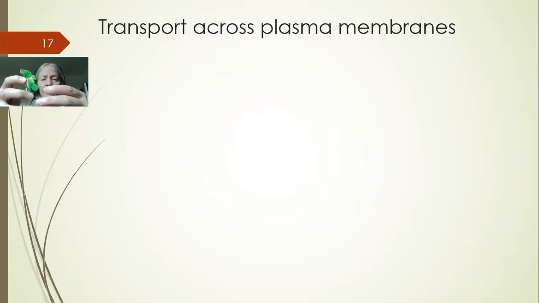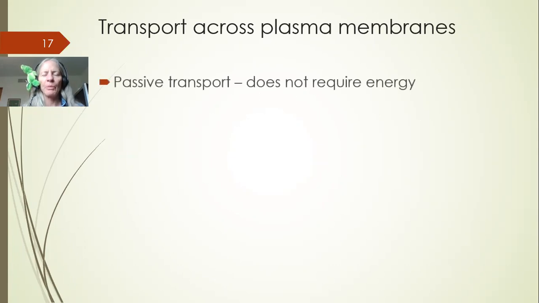So they have a non-polar region in the interior of the membrane, and on the outside, like where my knuckles would be, those would be the hydrophilic heads. So there's a hydrophobic interior and hydrophilic heads, with water on both sides of the membrane. So how do things get across plasma membranes?